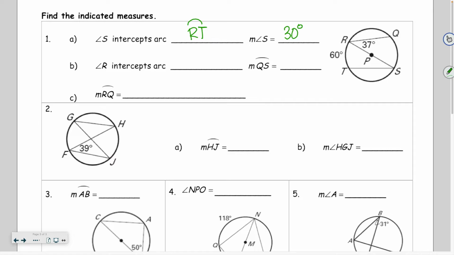Okay, angle R intercepts arc what? QS. So QS is what? 74 because it's double the angle.